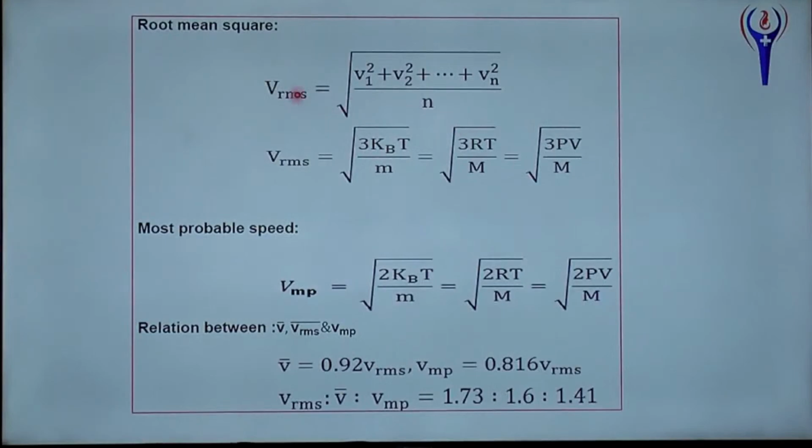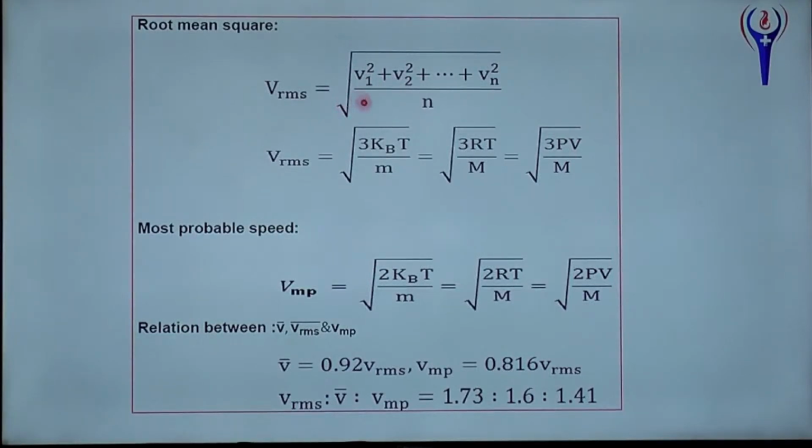Next, root mean square velocity or root mean square speed. This is equal to square root of v1 square plus v2 square up to vn square divided by n. Average means mean square, root mean square means square root of this one.